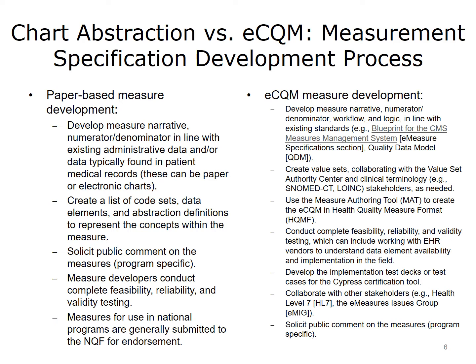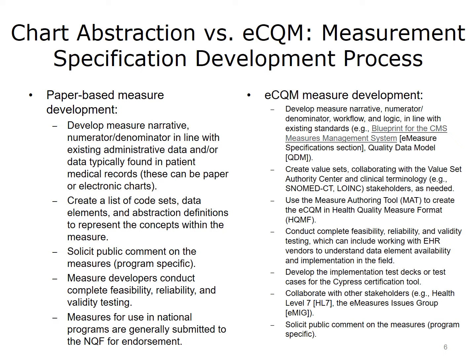Most quality measures developed for use in national programs have well-defined and often NQF, National Quality Forum, endorsed specifications created by measure development professionals. Since ECQMs are a completely electronic system, ECQM specifications also need to be developed in a standardized and computer-readable format.